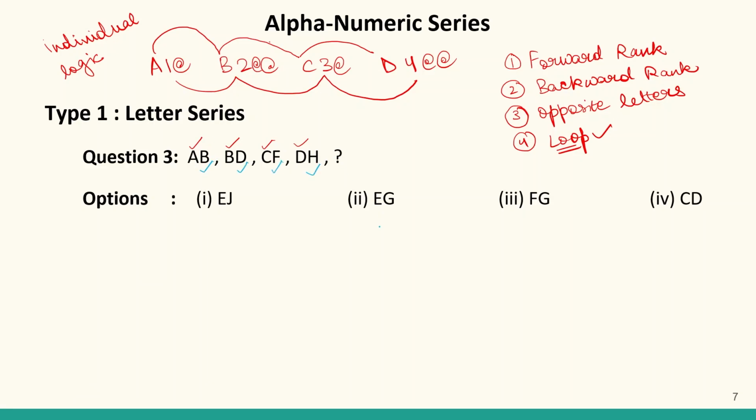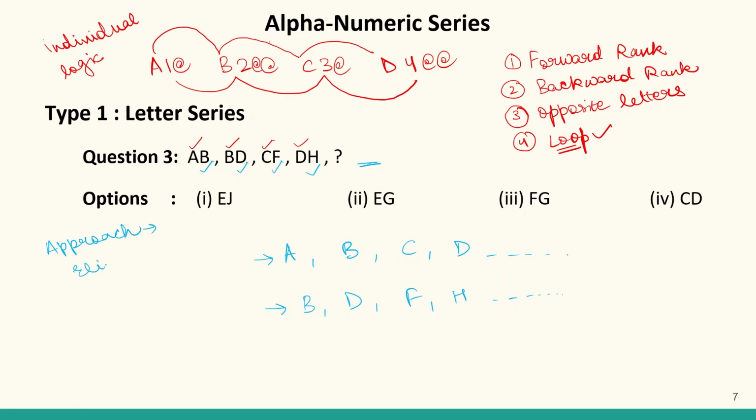So basically, there are two series in one. First series is A, B, C, D, and so on. And the second series is B, D, F, H, and so on. So you have to find logics individually for both these series and then come at a term which represents both these series.